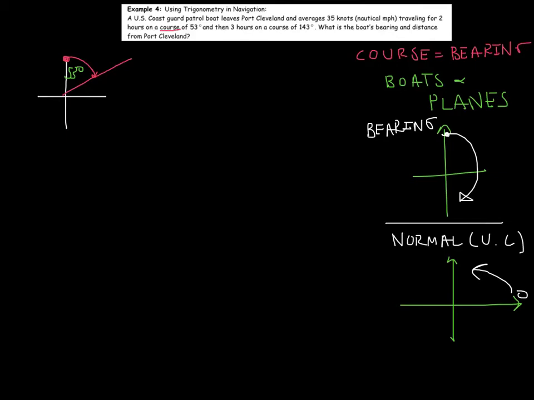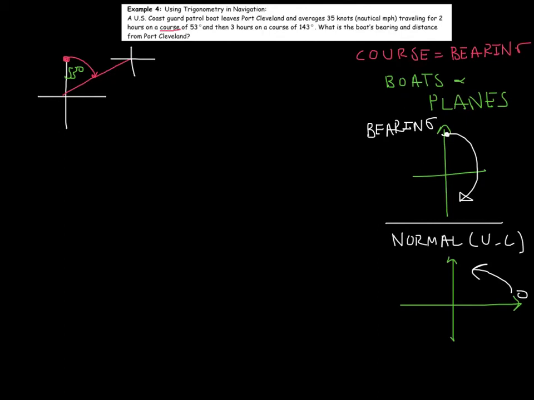Now, at some point, it turns. So, whenever the boat turns, let me make sure you understand this. Anytime the boat turns or the plane turns, you need to draw a new XY coordinate plane. From there, what you want to do is you want to remeasure the bearing.